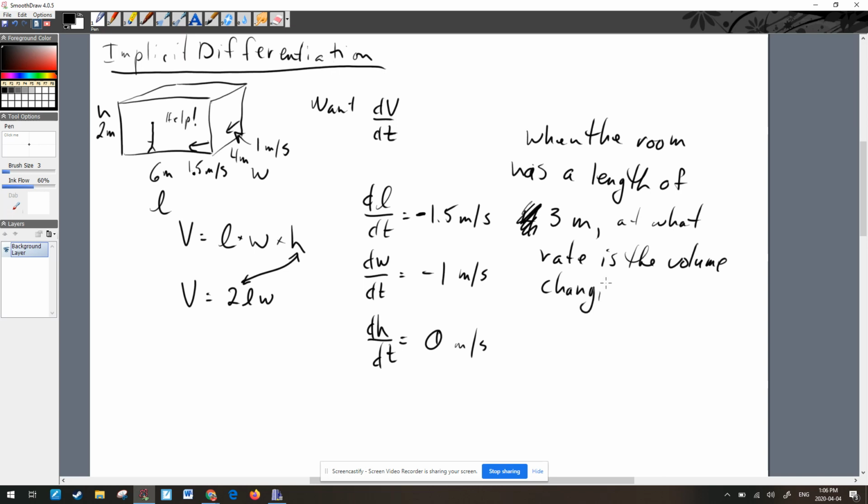So when the room has a length of 3, at what rate is the volume changing?